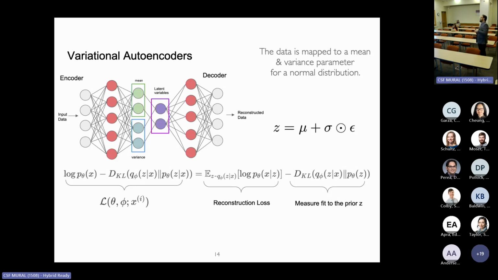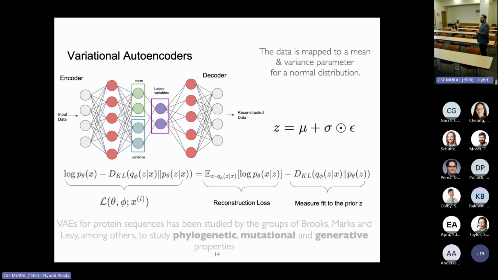They have been used in many other applications in engineering. People use them for images and even to understand molecular dynamics simulations. And in this case, we're using them to understand the sequence space of families, right? Now, people have been using this as a fancy PCA, let's say.